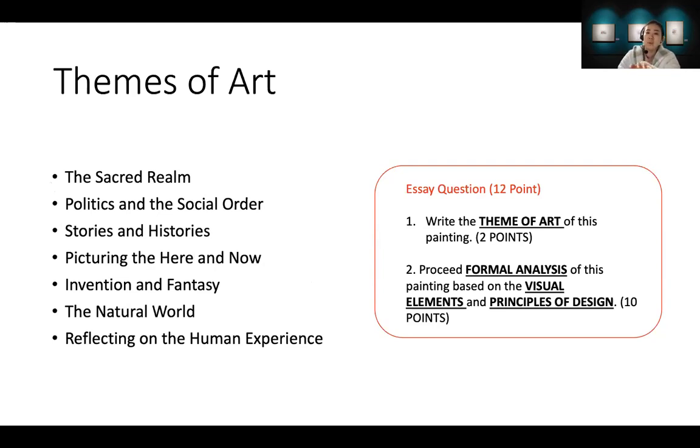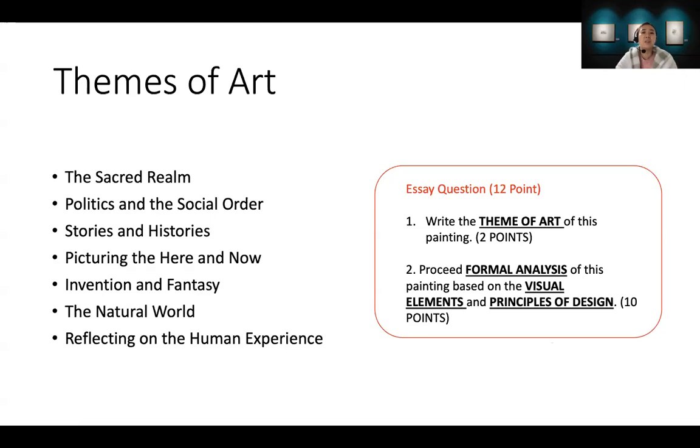And then you're going to do the formal analysis of one of the works of art in this chapter. Formal analysis is based on visual elements and the principles of design. We learned this chapter, right? That part is going to be 10 points.